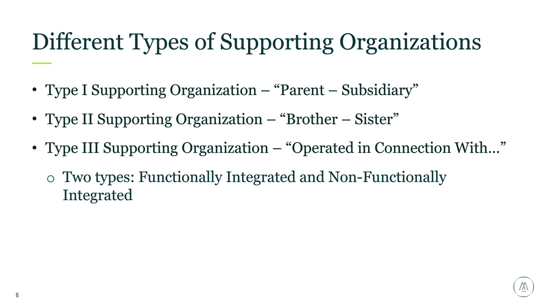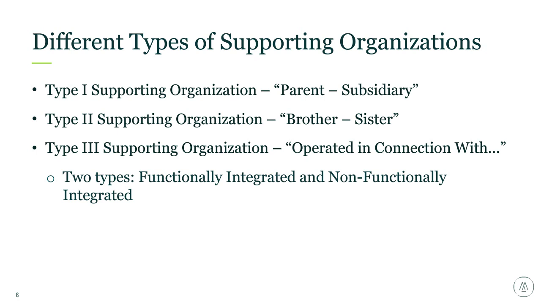Type 1 organizations must be operated, supervised, or controlled by its supported organization, and thus can often be viewed as parent-subsidiary relationships. Type 2 organizations must be supervised or controlled in connection with its supported organization, and thus can often be viewed as brother-sister relationships. And Type 3 organizations must be operated in connection with its supported organizations.